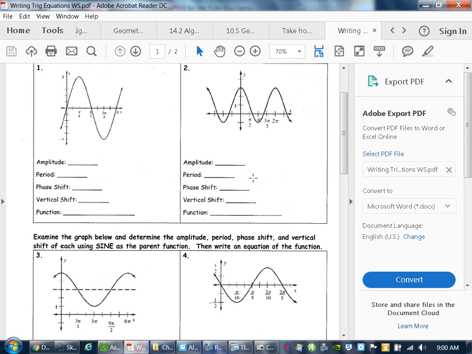Notice what this value does in number 3: it's showing you how far up it's moved from the x-axis. That is how much it's moved up for k. And then, from there, you still have an amplitude that it goes up to, and so on.